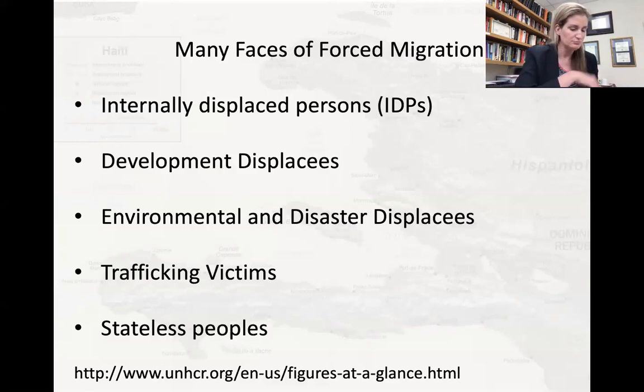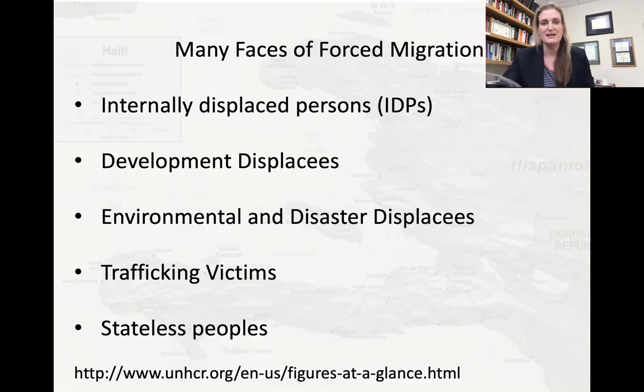Someone who's internally displaced means that they are displaced from their actual home, but they still live within the borders of their own country. Like, let's say somebody was kicked out of their home by like ISIS, or they're escaping ISIS, but then they get stuck into a refugee camp that's still within their country. That's an internally displaced person.